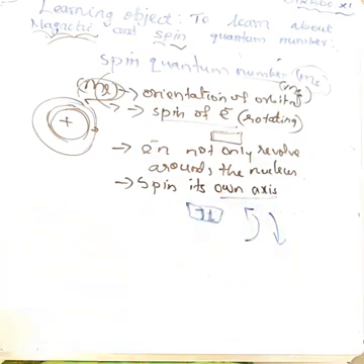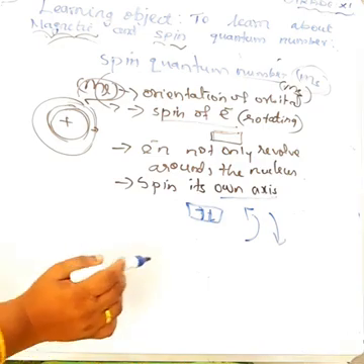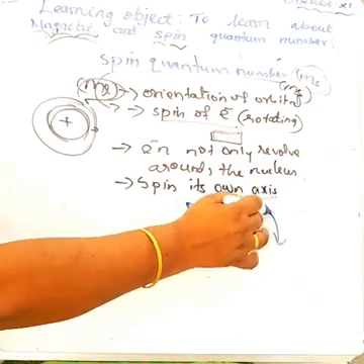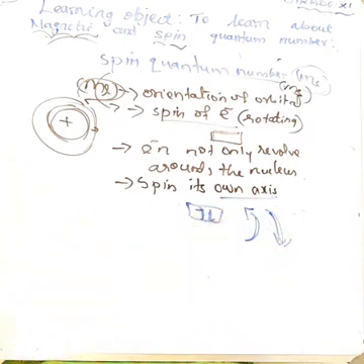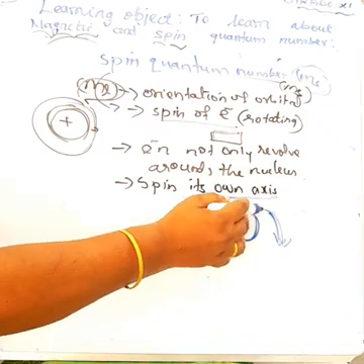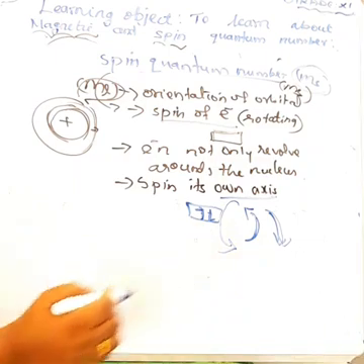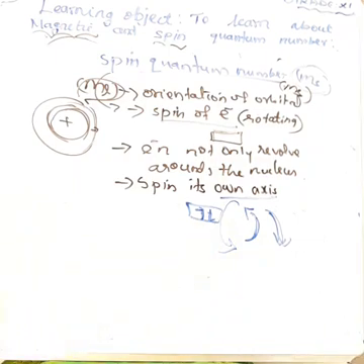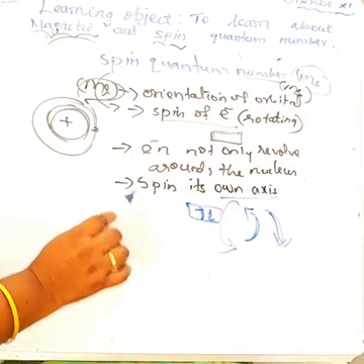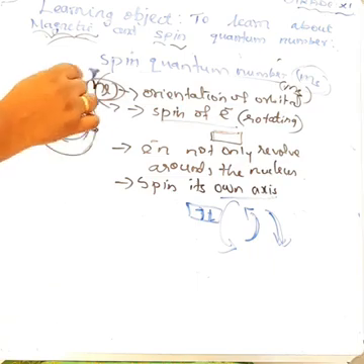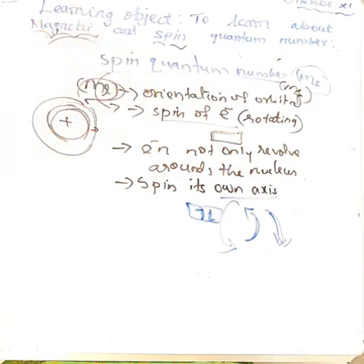So we can understand that the electron spins in a clockwise direction or an anti-clockwise direction. Okay, understood? The spinning of electrons within the orbital is explained by the spin quantum number.